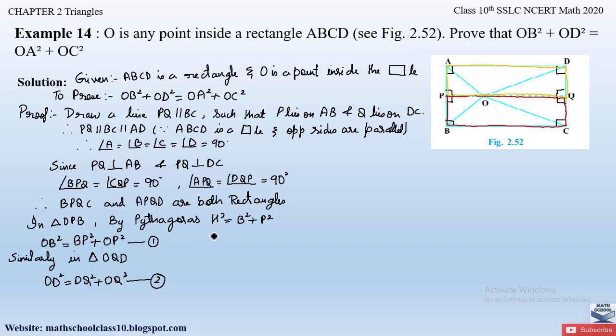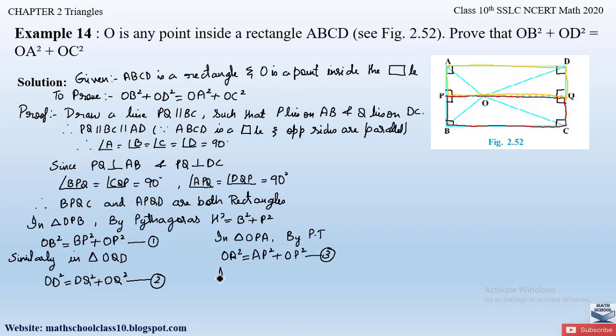So therefore again in triangle OPA by the Pythagoras theorem we get OA square, the hypotenuse square, is equal to the base square AP square plus the perpendicular square, that is OP square. So again name this as equation 3. The triangle formed by the side OC is the triangle OQC.